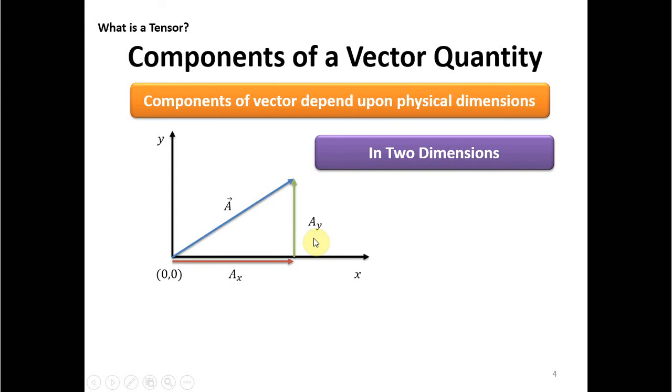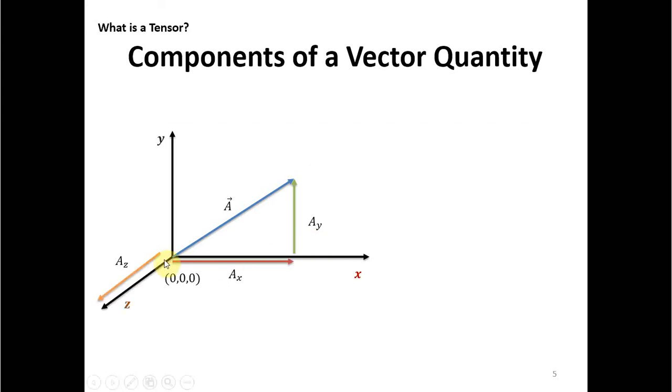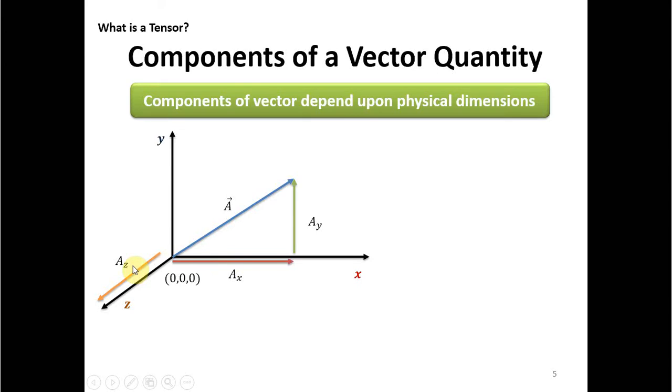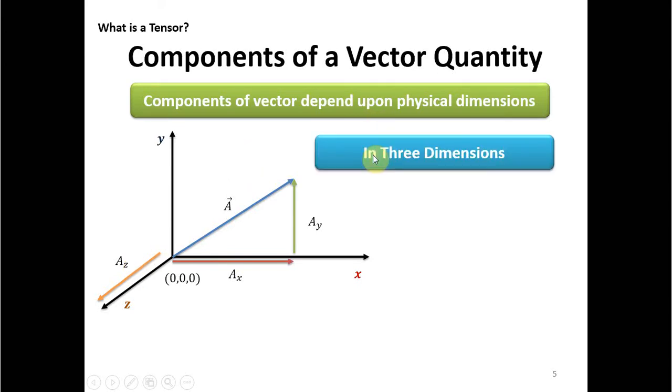And if we increase the number of dimensions, for example to 3 dimensions, as you can see over here, then the components of the vector also increase, and in 3 dimensions we have 3 components of this same vector A: the effect of vector A along the x-axis, along the y-axis, and along the z-axis.